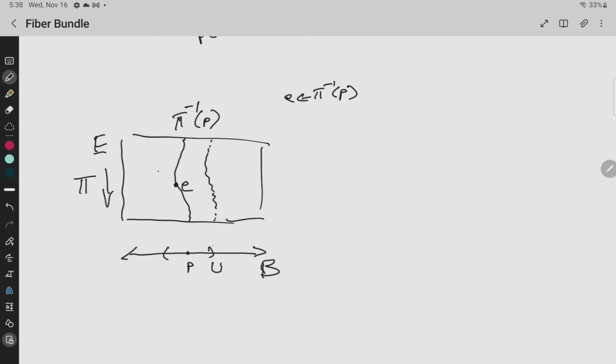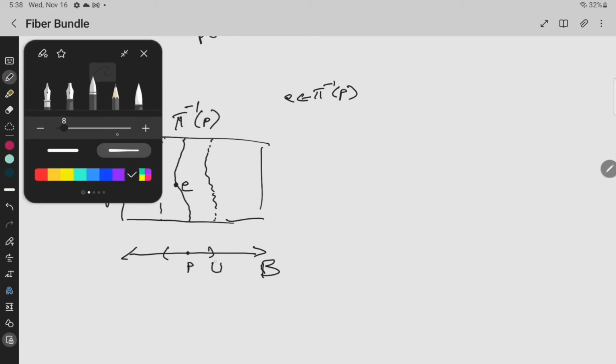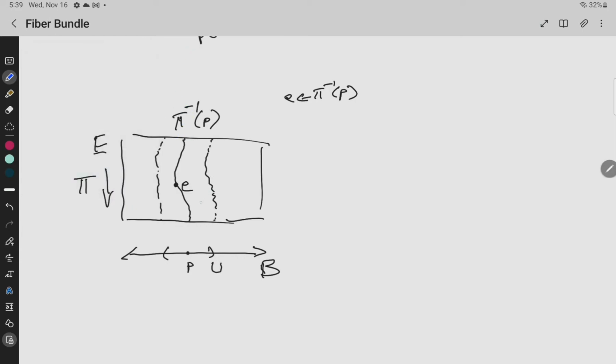And then if you take the inverse pi of the open set U of B, you are going to get that portion that I'm going to write in blue here. So that is pi inverse of U. It's a little bit larger than pi inverse of p. Again, E here is the total space.